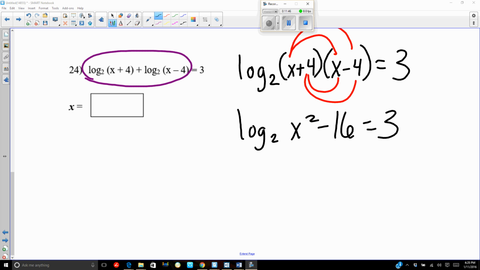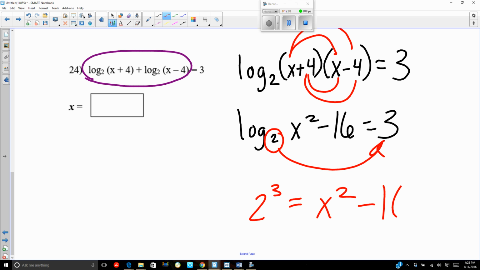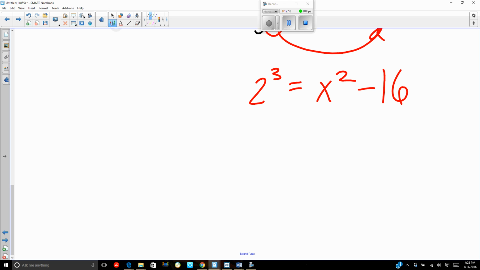So I've changed my mind. I'll just go ahead and show you how to finish this one. X plus 4 times x minus 4 should ultimately get x squared minus 16. And then you convert it. 2 raised to the third power equals x squared minus 16. And then we can finish this. 2 to the third is 8.